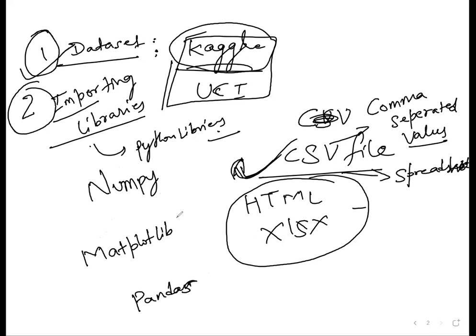So what NumPy does is, it is a Python library used for any type of mathematical operations. It is a fundamental package for scientific calculation in Python, and it also supports large data, multi-dimensional arrays and matrices.